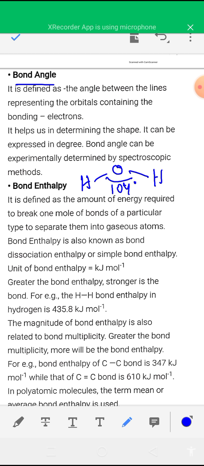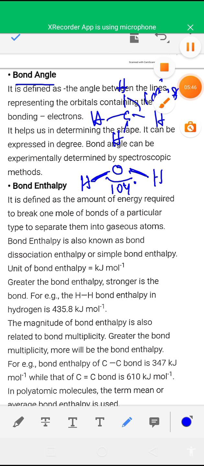This is the bond angle, the angle between the lines representing the orbitals containing bonding electrons. In methane, each hydrogen-carbon-hydrogen bond angle is 109 degrees 20 minutes.